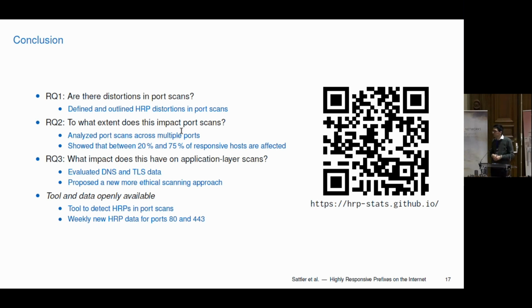Matthias, two questions in one, if there's time. Yeah, go ahead. You didn't use Censys. This could be a potential source. And the second question: is this effect going to be present in Censys data?